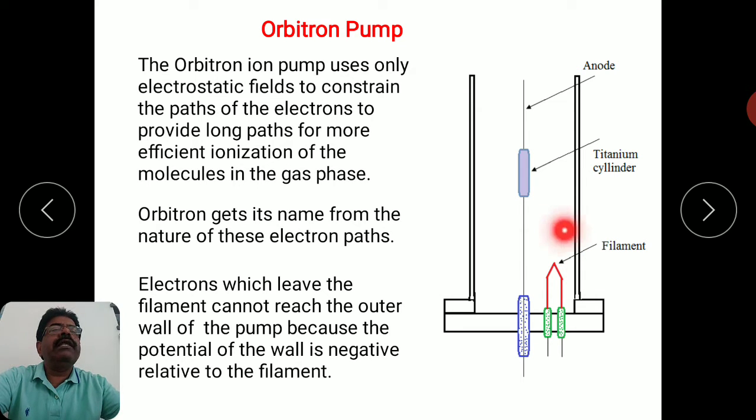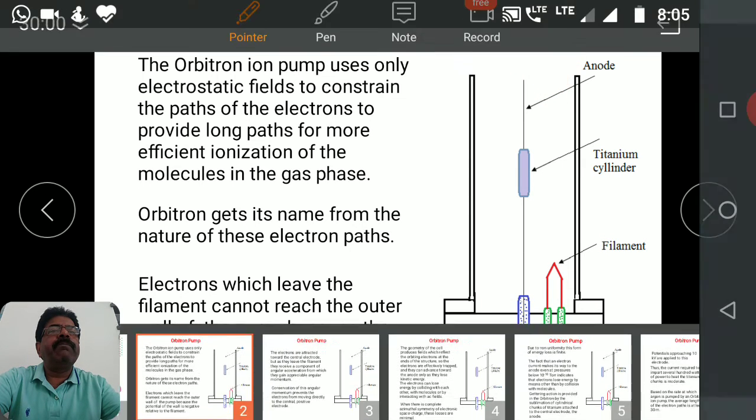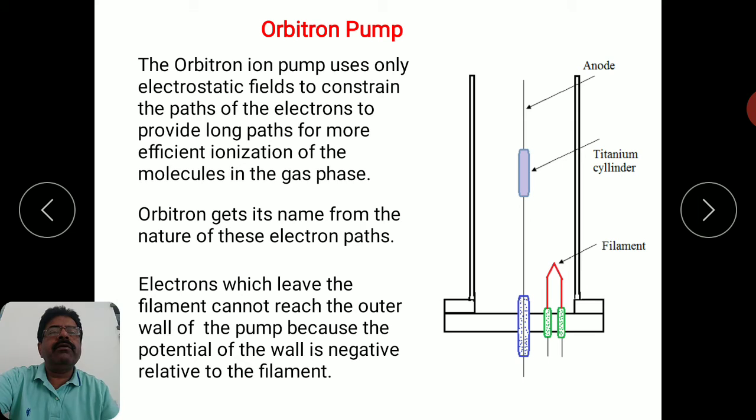So these electrons will not be attracted, rather they will be repelled from the outer case of the Orbitron pump. This is the space provided for the motion of the electron, and this is the assembly of your Orbitron pump. It will be connected to the chamber that you want to evacuate.